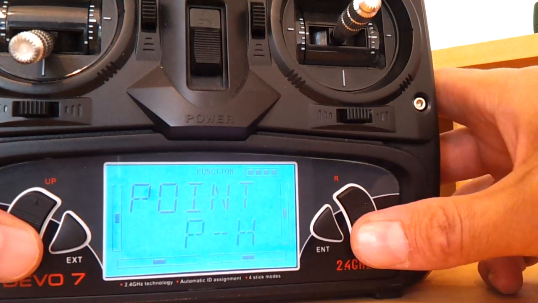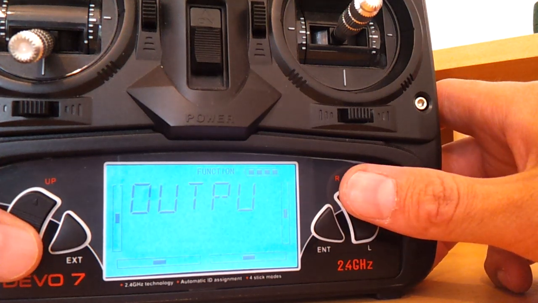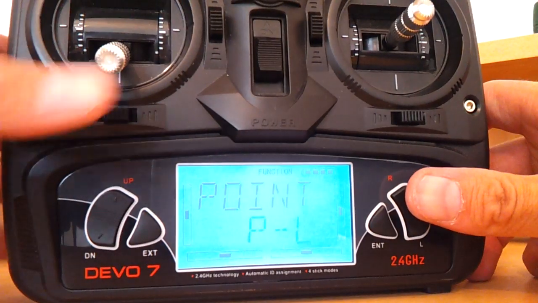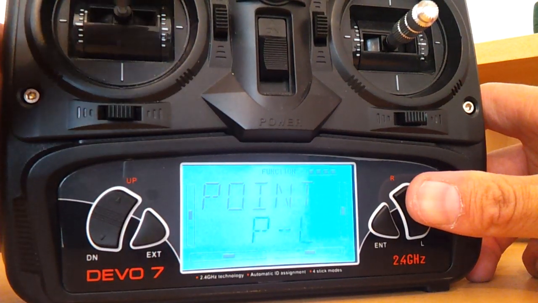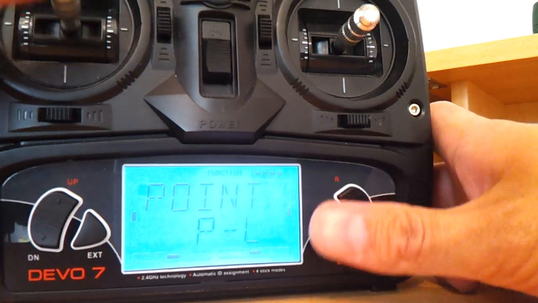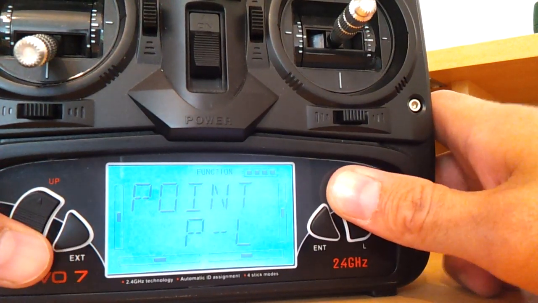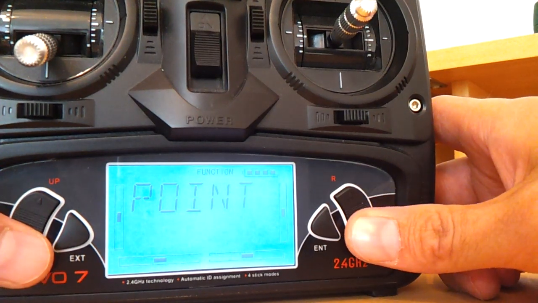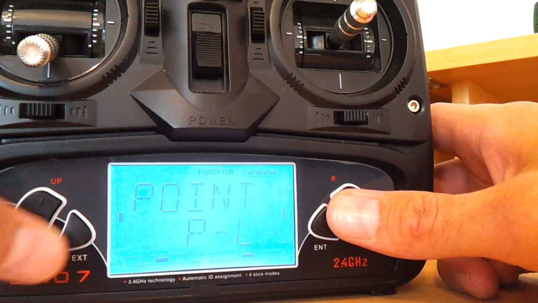So what I did, I set my high point and my low point at 80%. So whether it's down here or up here, I get 80% throttle, and then I use this to lift off and land and stuff. And with doing this, you need it set like this if you want to try to flip them. And then I have point 1 and all the other points inactive, essentially.